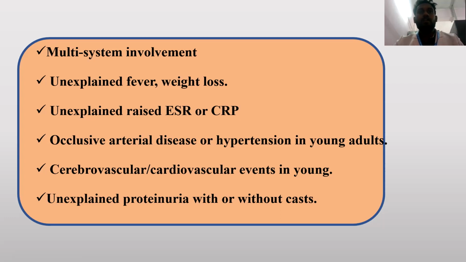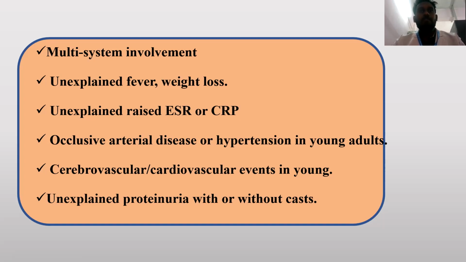Any occlusive arterial disease or hypertension in young adults, obviously you should think of vasculitis as a cause, since hypertension is mostly seen in older patients rather than in the young population.